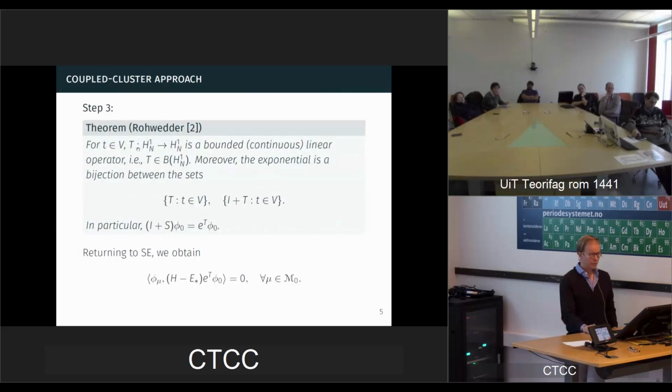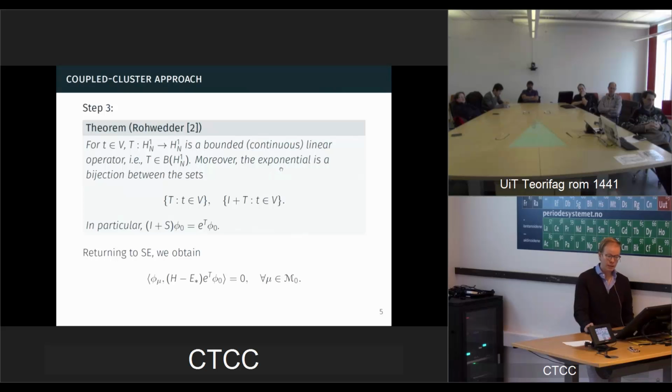So the next step is now we want to reparameterize this identity plus S into an exponential ansatz. So we make use of this theorem here. It says that if the cluster amplitude is in this space, capital V, that we just defined, then the corresponding cluster operator is a bounded operator acting on this Sobolev space of L2 functions with finite kinetic energy.